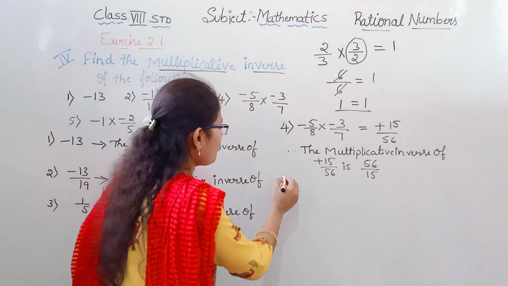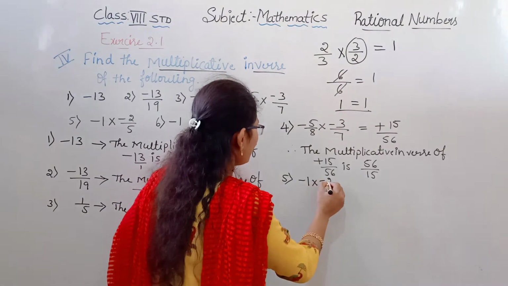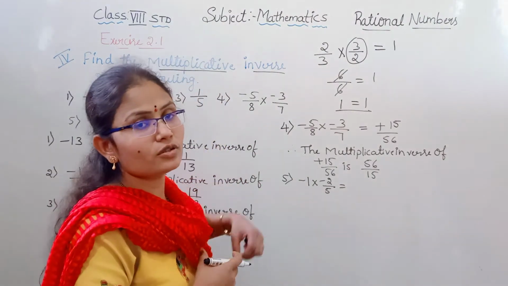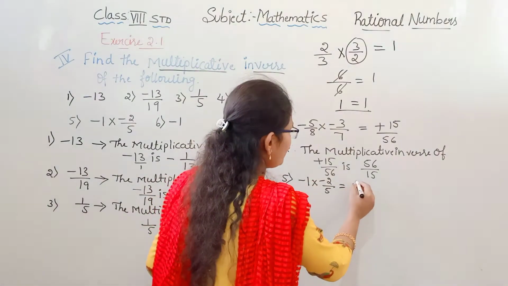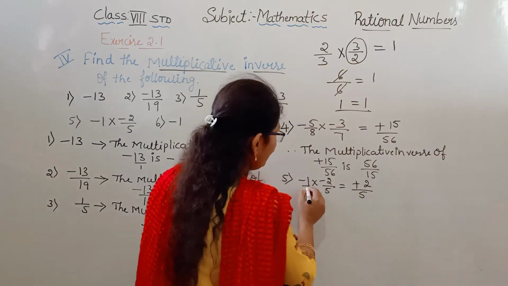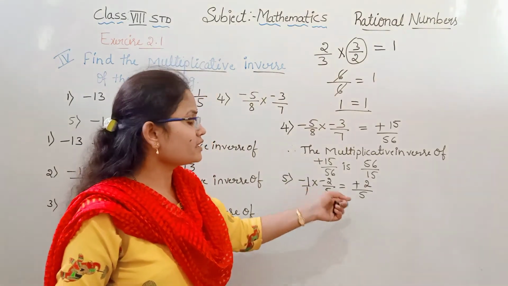Next, fifth problem. What they have given? Minus 1 into minus 2 by 5. So here also we first find the product and then find the multiplicative inverse. Minus into minus is plus. 1 two is 2. Here in the denominator there is no number, so it has 1. So 1 five is 5.